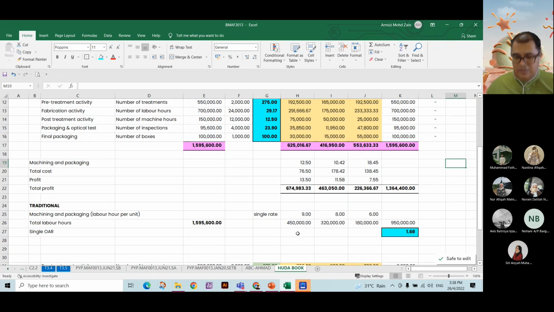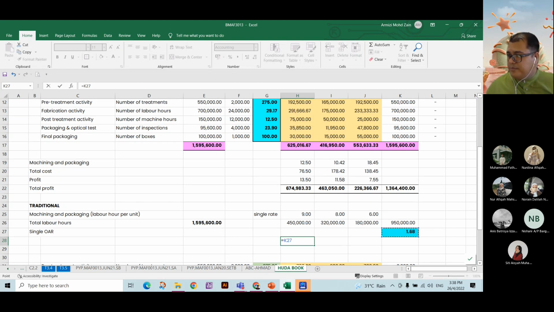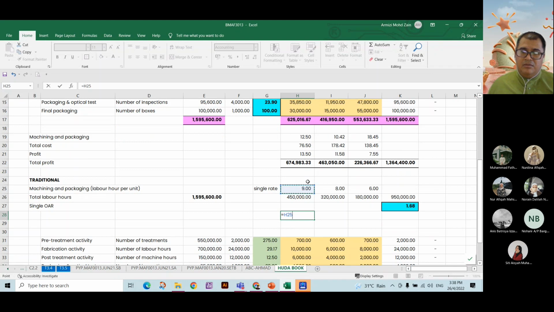Dan dia punya total cost dia ialah 1.68 ni. 1.68 ni you times dengan ini RM1.60 per labor hour ya. $1.8 dengan 9.